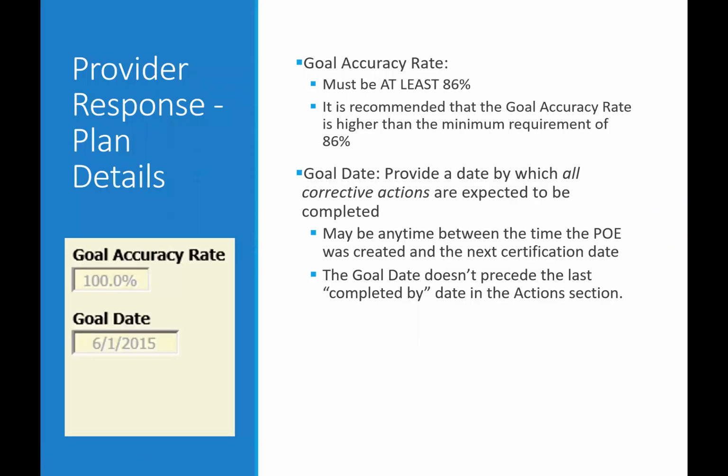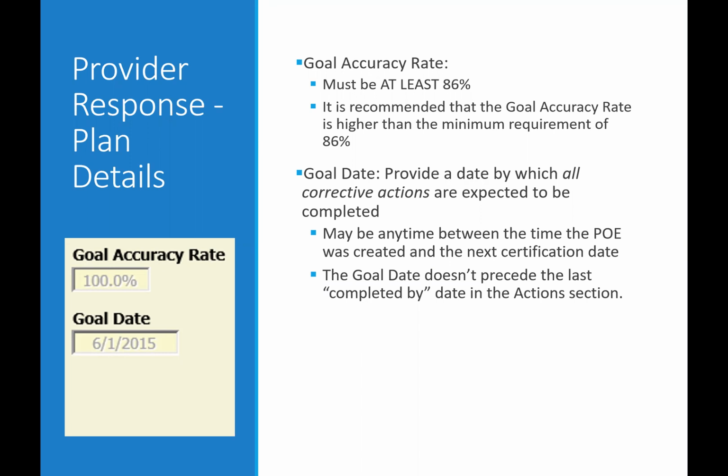Provider response. So there's also a text box to enter goal accuracy rate. Again, because the threshold within each of DDD's waivers is 86%, your goal accuracy rate must be at least 86%. And we recommend that that is higher than the minimum requirement. A goal date must be provided.